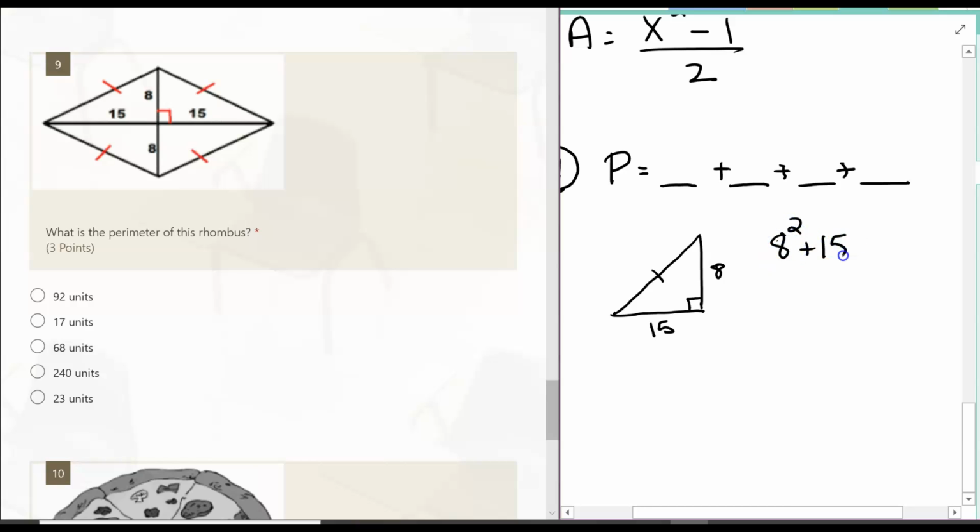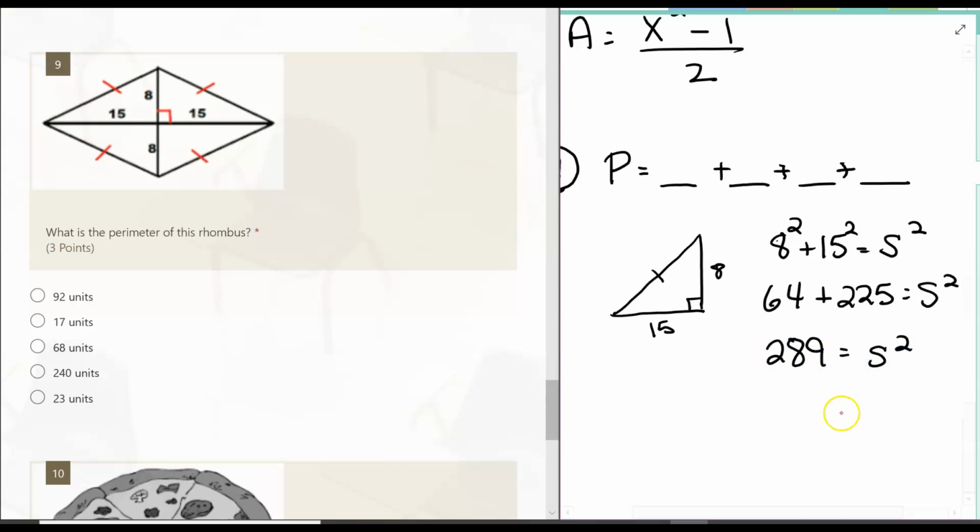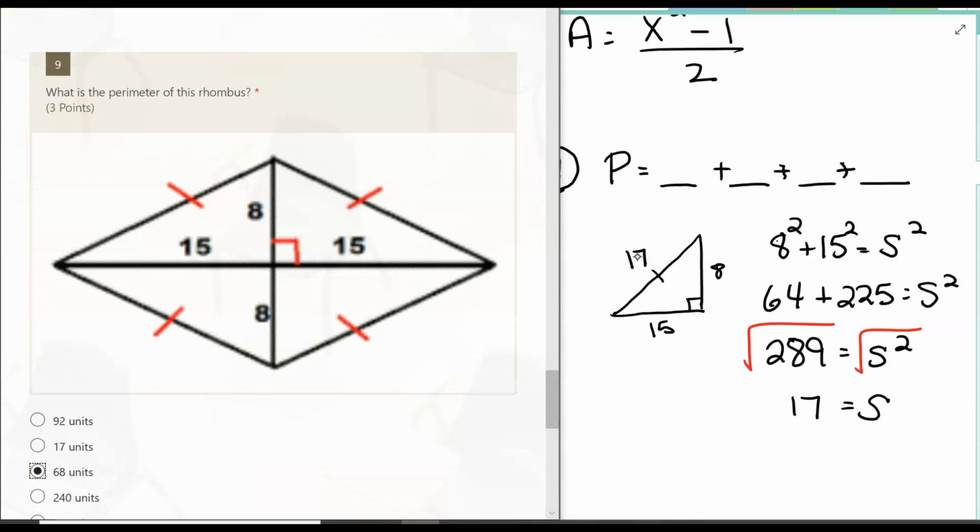So 8 squared plus 15 squared equals my side squared. 8 squared is 64, plus my 15 squared, which is 225. 64 plus 225 gives me 289. When I square root to get s alone, I square root the 289, and that gives me that my side measure is 17. So if one side is 17, all sides are 17. And 17 times 4 sides gives me a perimeter of 68.